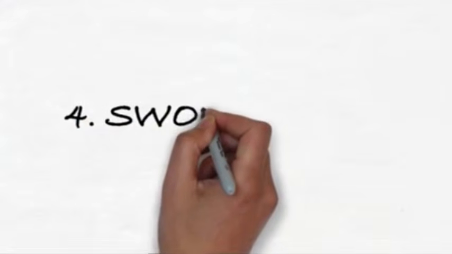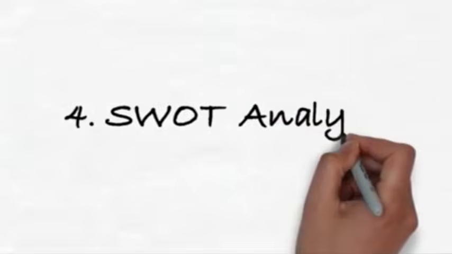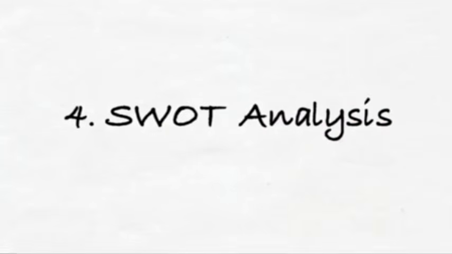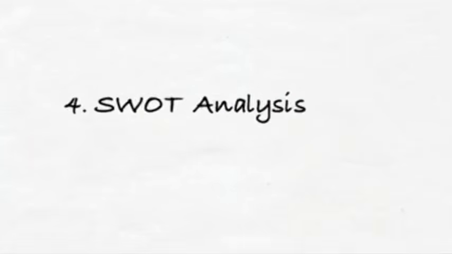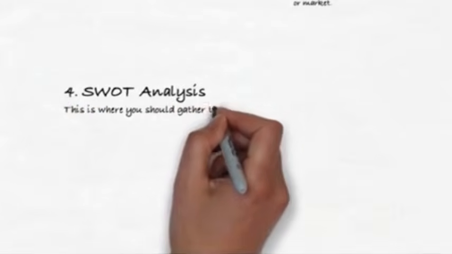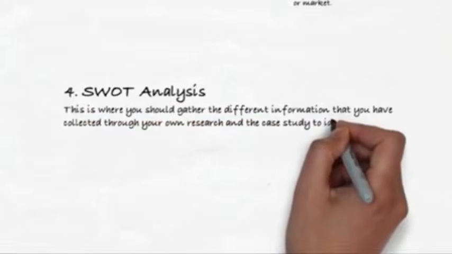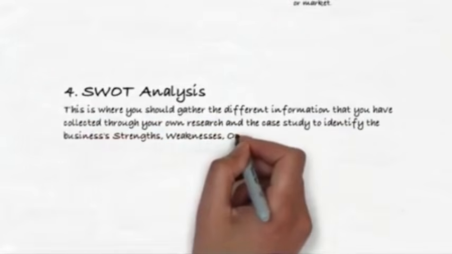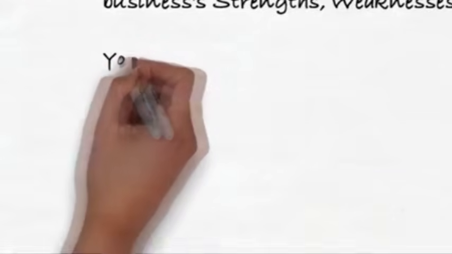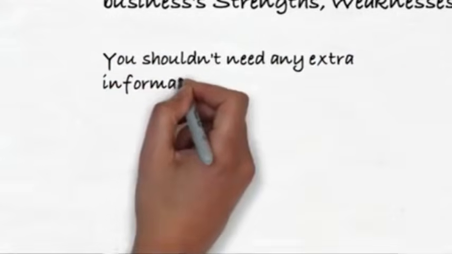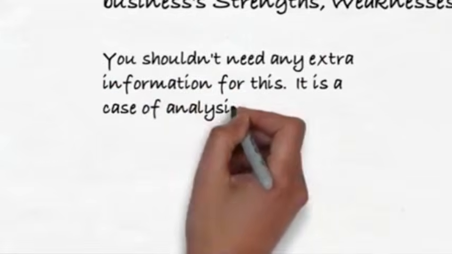The second situational analysis tool you should use is a SWOT analysis. You should gather the information that you have collected throughout your research and the case study to identify the business's strengths, weaknesses, opportunities and threats. You shouldn't need any extra information to complete a SWOT analysis.